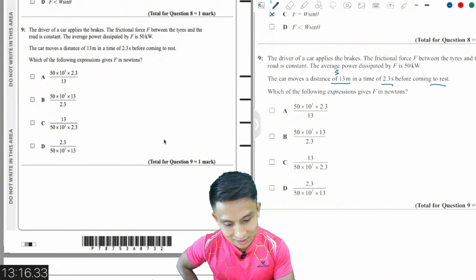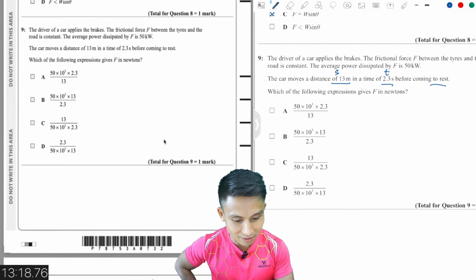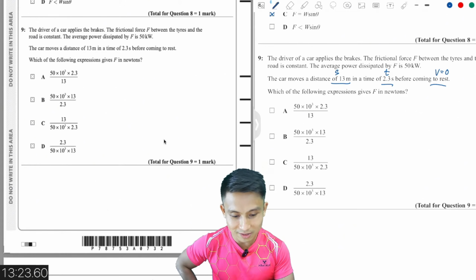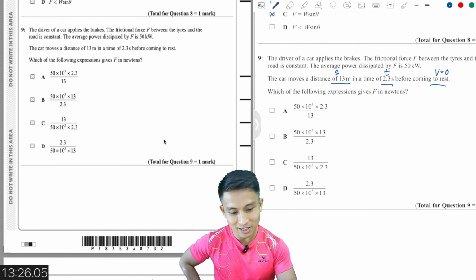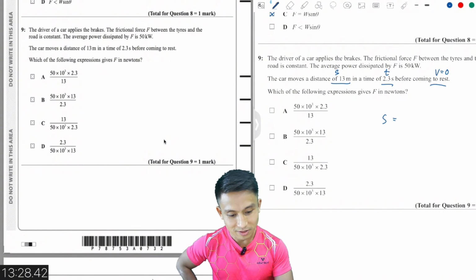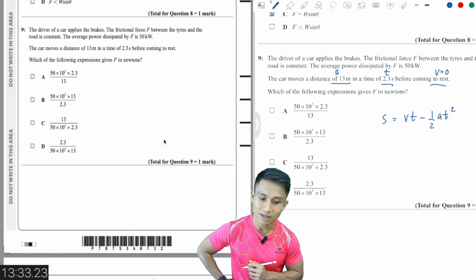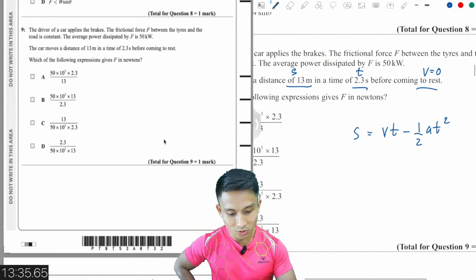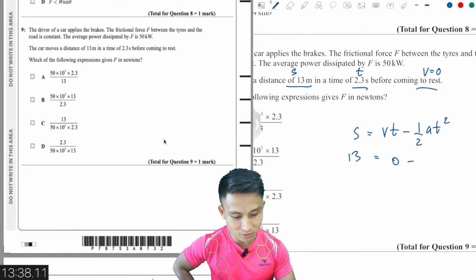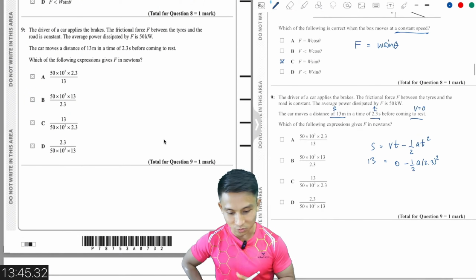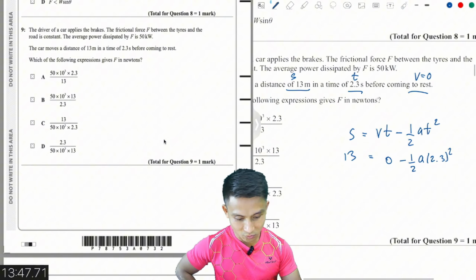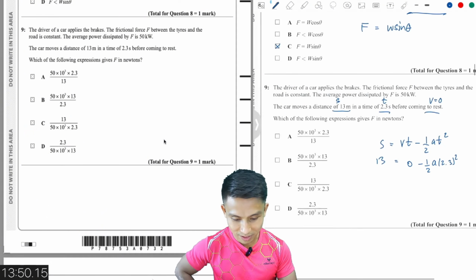So this is S, this is T, and coming to rest means V equals 0. We can do S equals VT minus half AT squared just to find A. So 13 equals, V is 0, so minus 1/2 A, which is going to be negative, times 2.3 squared. We're just going to derive the math there.